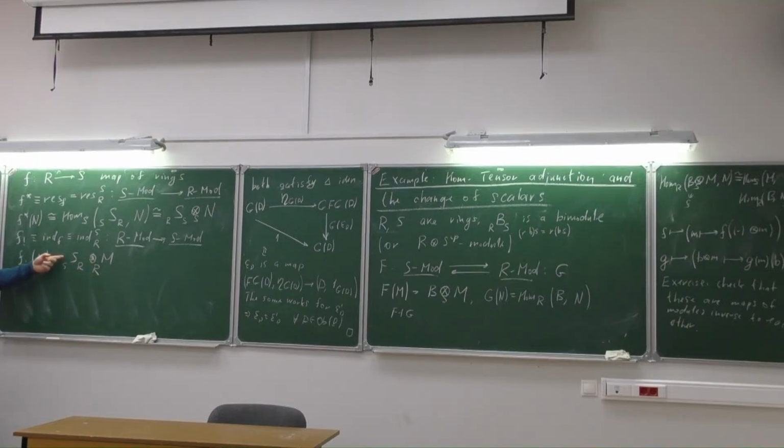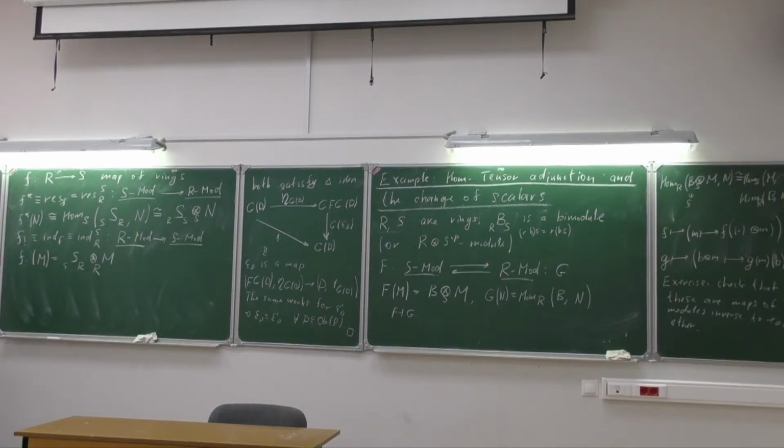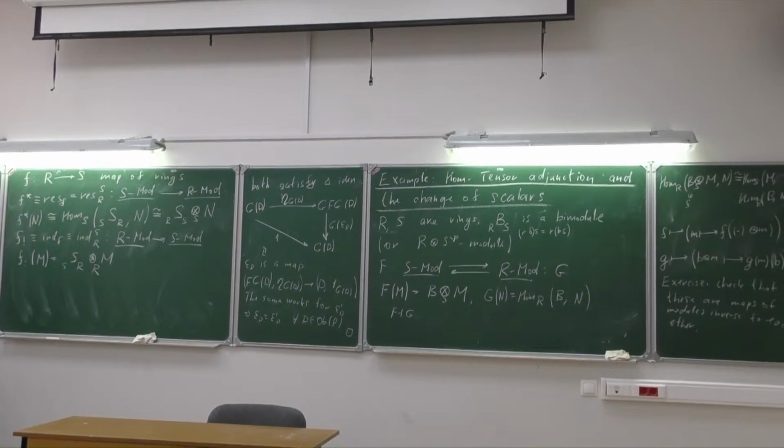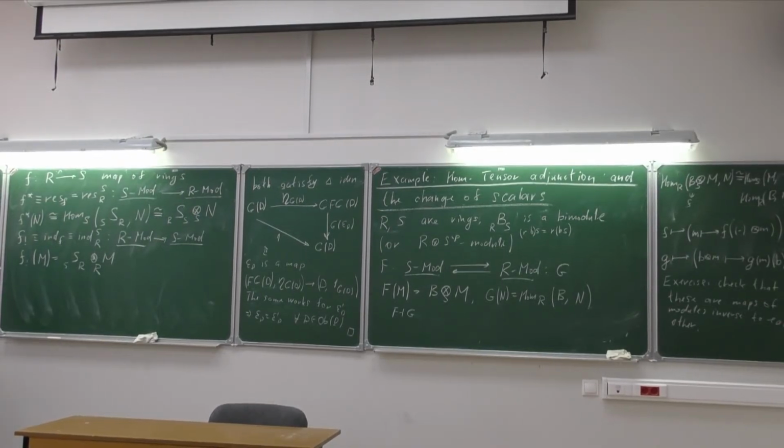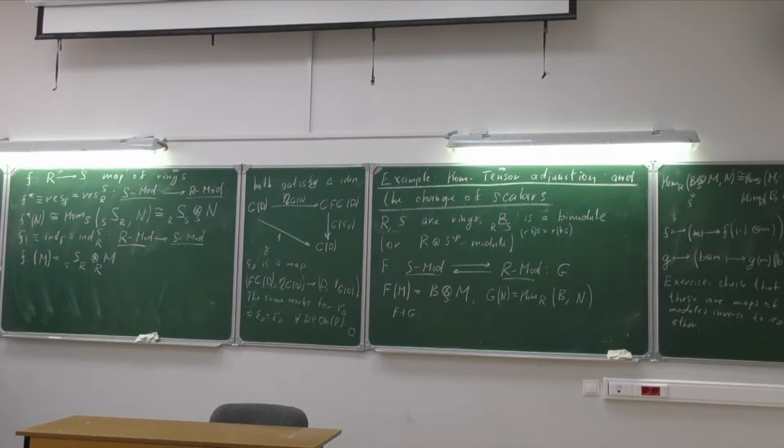So what's left is the left S module structure. The structure of this bimodule depends on F, right? To know that S is a right module over R, I need some additional information, and in this case, it's just the homomorphism F.